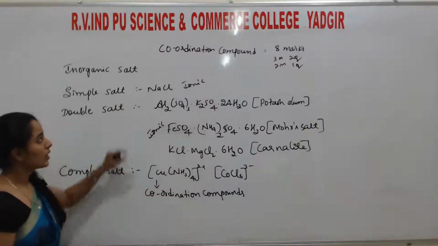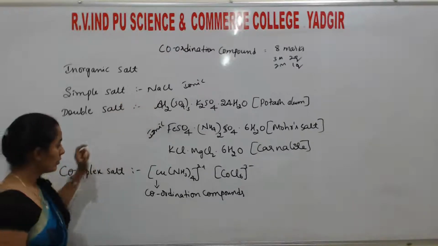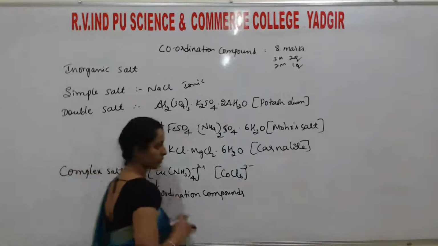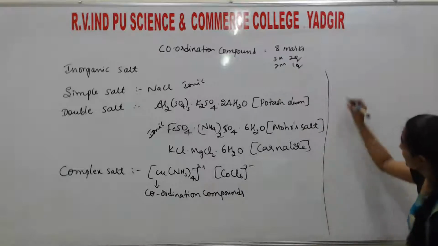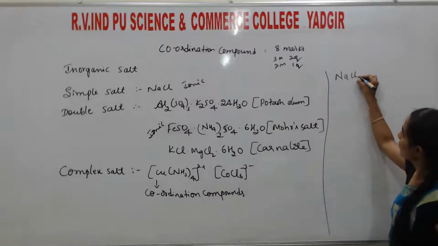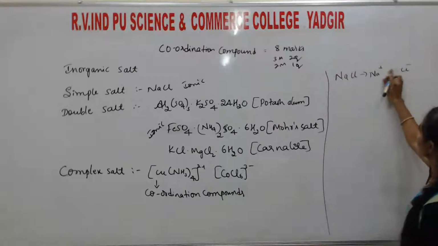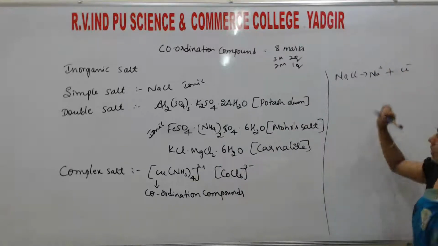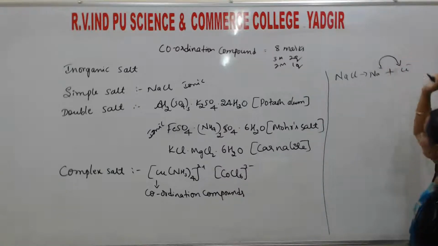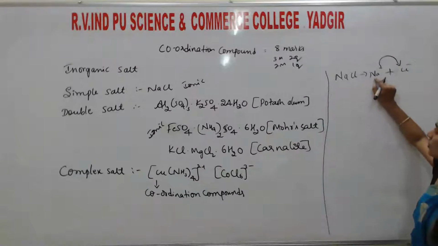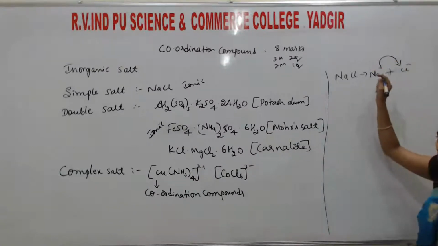Students, the bond between these two. Remember, in NaCl, Na plus and Cl minus. That means complete transfer of one electron from sodium to chlorine takes place, and they attain the noble gas configuration.